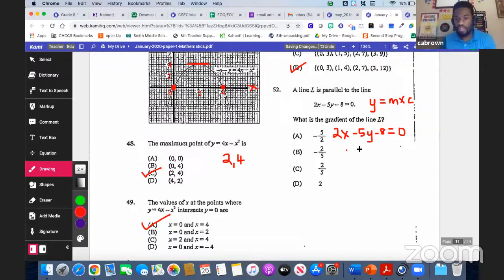So we're going to have negative 5y being equal to, we're going to take over this positive 2x, it's going to become negative 2x. And we can take over this negative 8, it's going to become positive 8. Then we can go ahead and divide everything by negative 5.